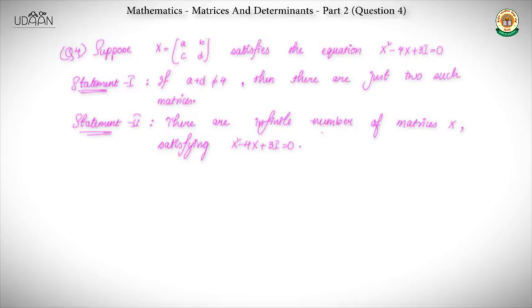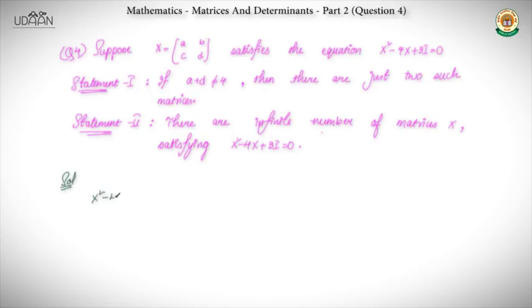Well, the basic idea is they have given you x square minus 4x plus 3i equal to 0. So what you could do is substitute x in that equation and equate the elements to 0. But since that is going to be a lengthy procedure, I'm just going to factorize the equation.